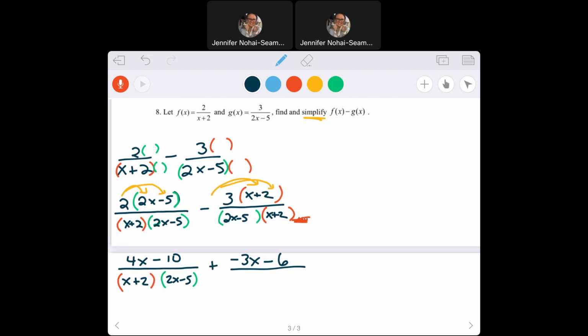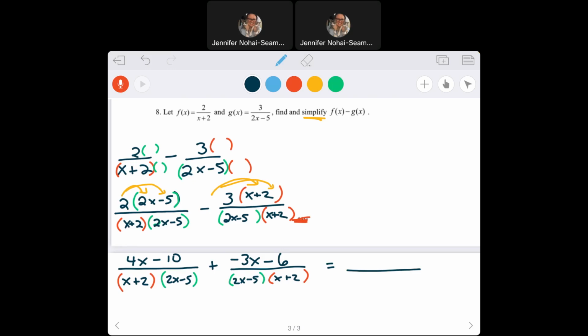It moves it over to the numerator part of that fraction instead of keeping it out in the in-betweens. So I have my parentheses here, the parentheses here, and then my 2x minus 5 and my x plus 2.